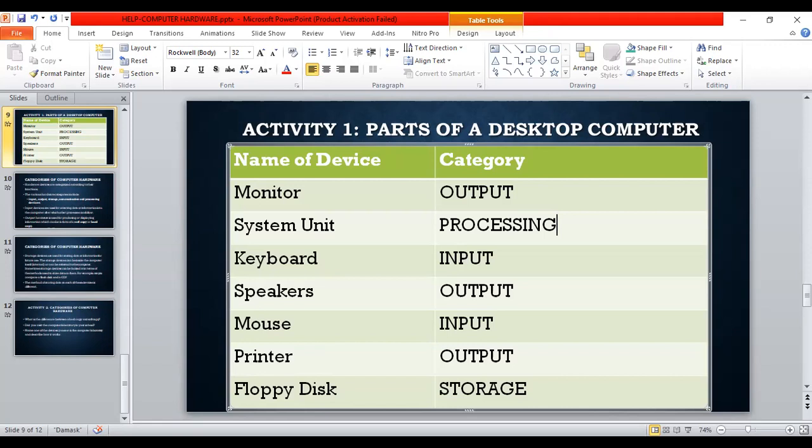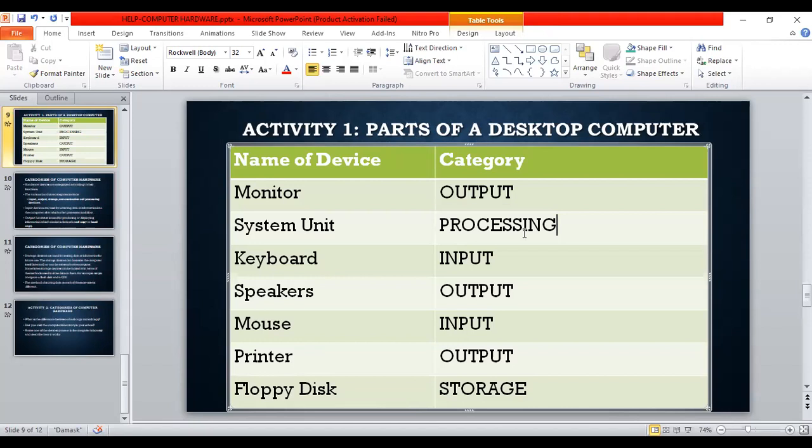Is Faith's hand up? Faith, do you want to give us an answer? Okay. We have dropped the hand. Why processing? We need an answer. Processing device.